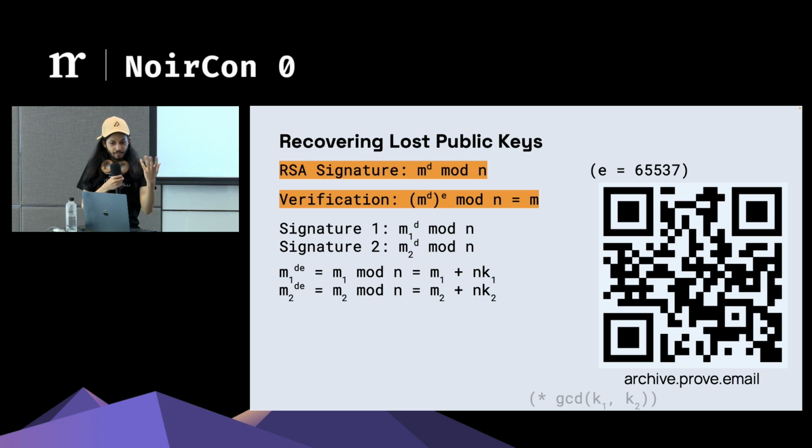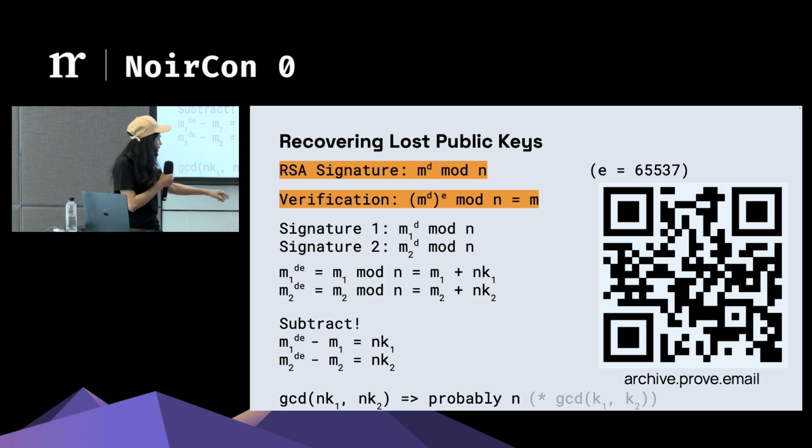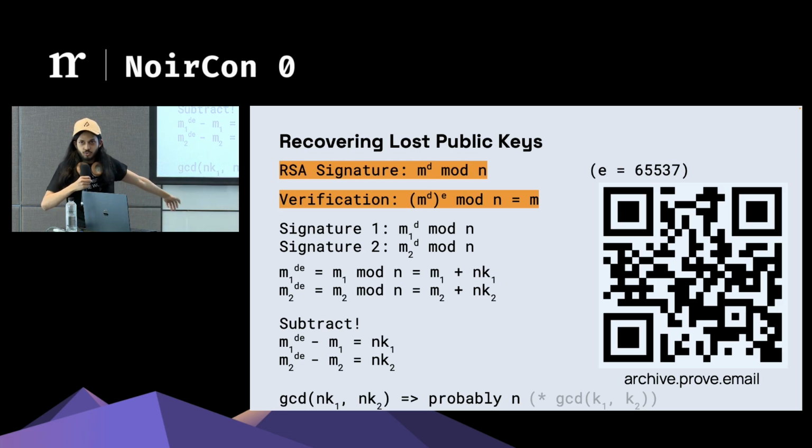Now, if we want to get back the modulus, what we can do is subtract and take the GCD of these values. And so if we do the calculation, and now we have this remainder and that remainder, and we take the GCD, we are probably going to get n back, which lets us rederive old public keys from two old emails. Quite interesting.